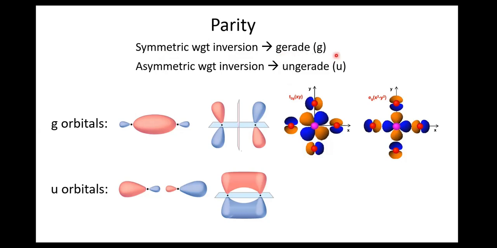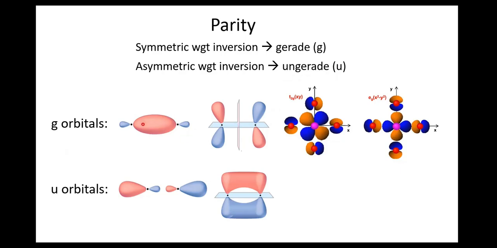I'm not very sure about the German pronunciation, because this has German origin. In German, this means that it's symmetric, so that's why we have the g symbol standing for symmetry. If it is asymmetric with regard to the inversion, then we call it ungerade, shortened as u. In fact, orbitals having g symmetry are very common.